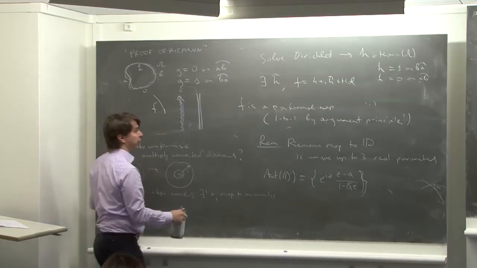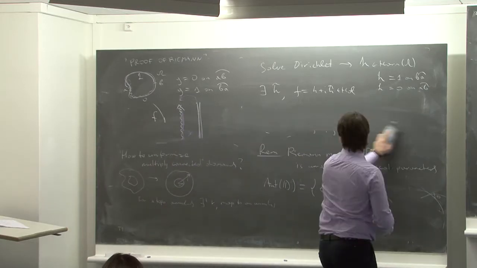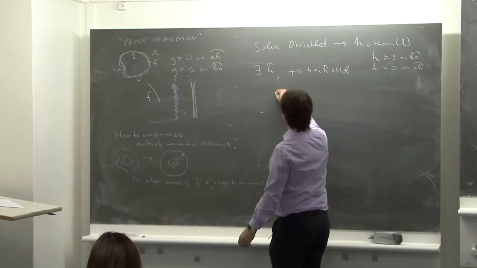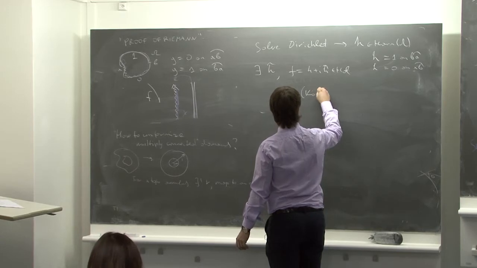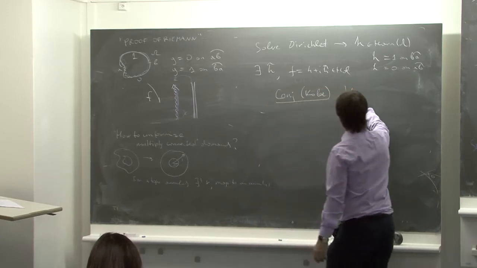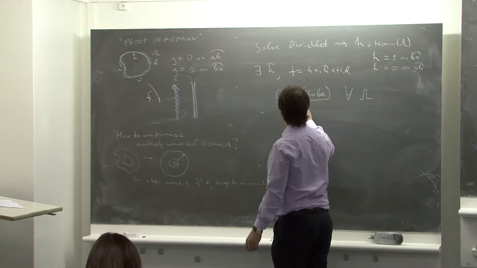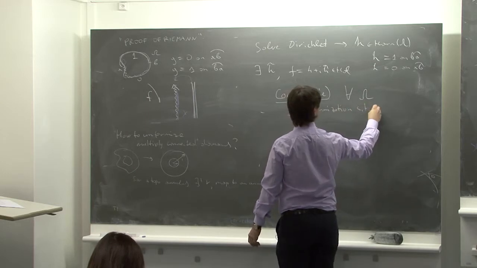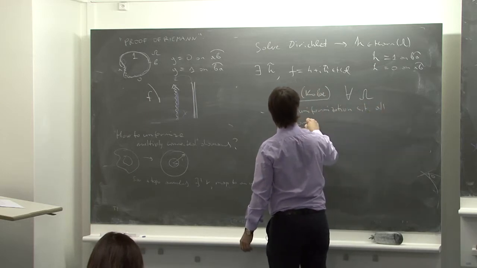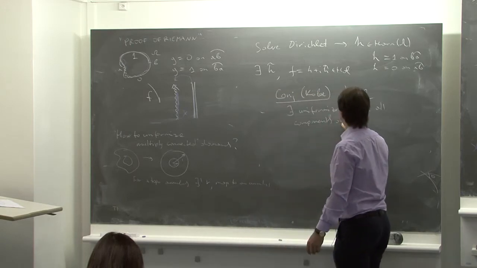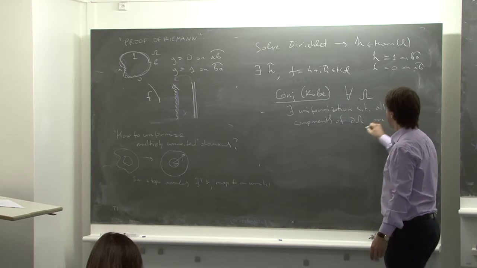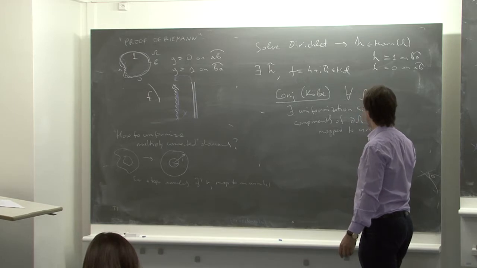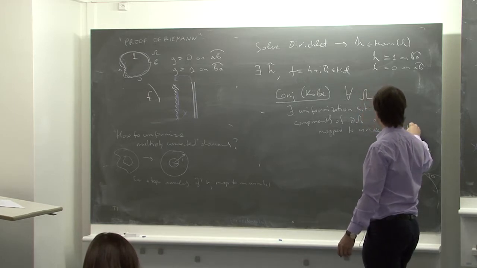So there is a conjecture, which is called the Koebe conjecture, and it's a fairly famous conjecture, that for any omega there is a uniformization such that all components of the boundary of omega are mapped to circles or points.